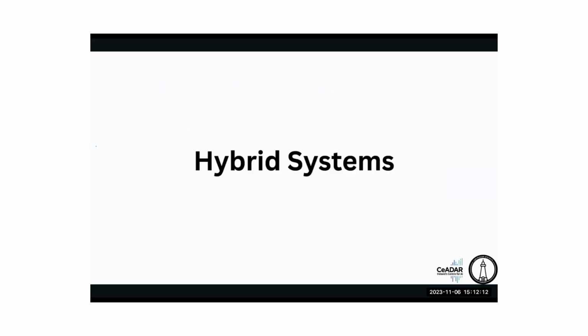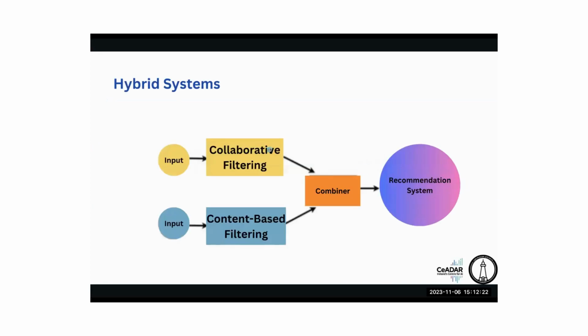So now let's talk about hybrid systems. Basically, a hybrid system is a combination of both content-based and collaborative filtering. It is a special system which combines the users and the suggestions based on collaborative filtering and content-based filtering, and it gives a personalized recommendation system overall.